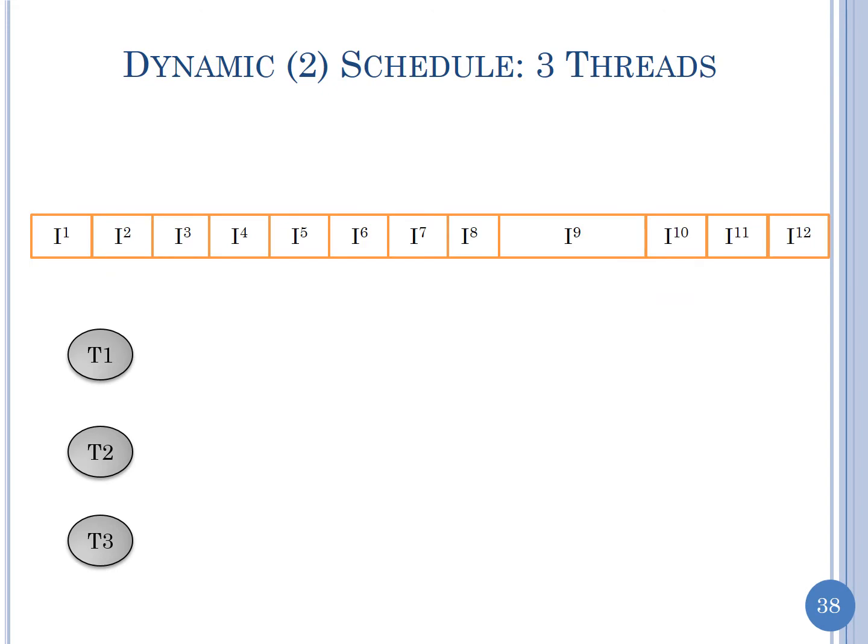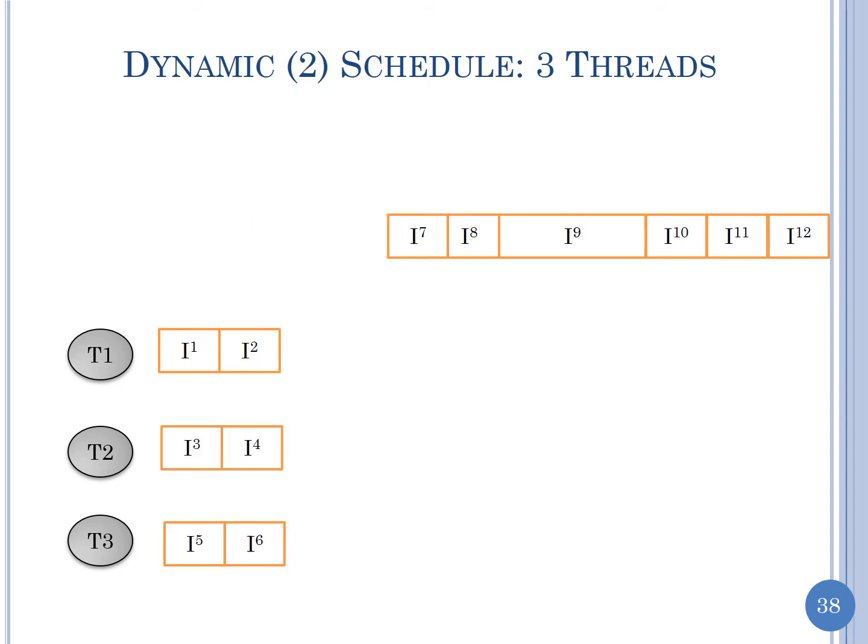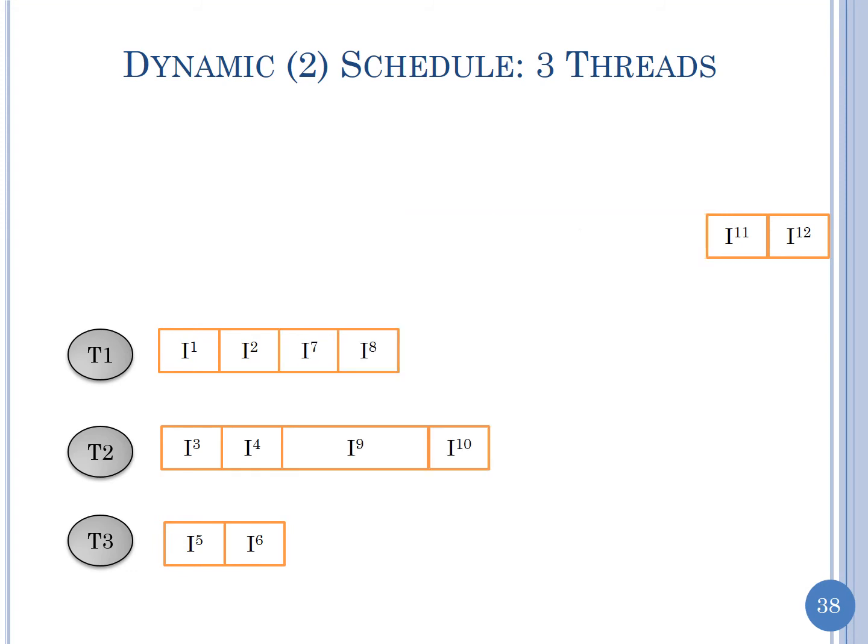Okay, let's see whether we understand this properly. So far, we've had only 2 threads. Let's assume there are 3 threads. So I1 and I2 go here because we've got a step size of 2. I3, I4, I5, I6, I7, I8, I9, I10, right?